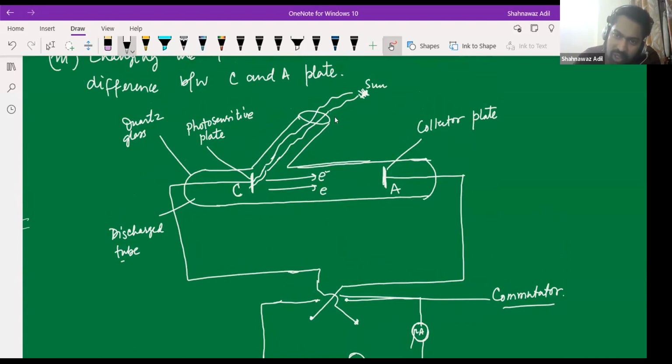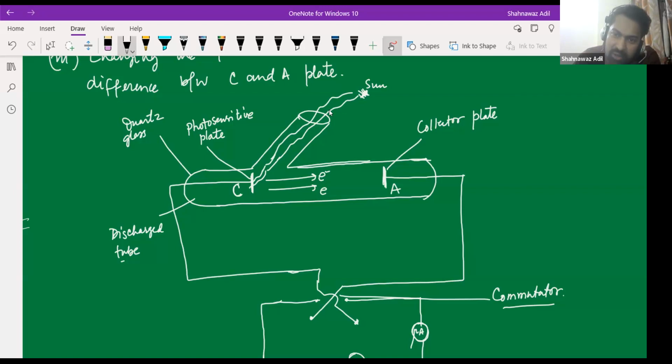Then I can make a red light fall on this surface, or a green light. Let's say I put a red polythene. The red polythene will filter out all the other colors and only red will pass. Let's say I put a blue polythene in here. Then only blue light will fall on this surface. So in this way, I can also change the frequency, because different color lights have different frequencies.